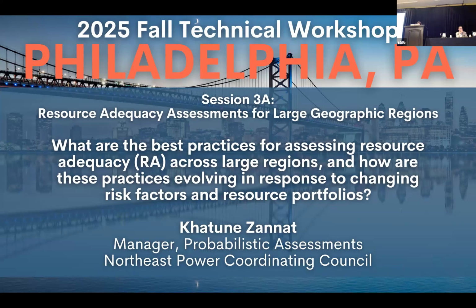The additional metrics are expected unserved energy, USE, loss of load hours, as well as normalized USE. In addition to that, at NPCC, we perform a long-range adequacy overview, which at the 5-year out, we study to make sure we're not violating the 1-day-in-10 criteria.